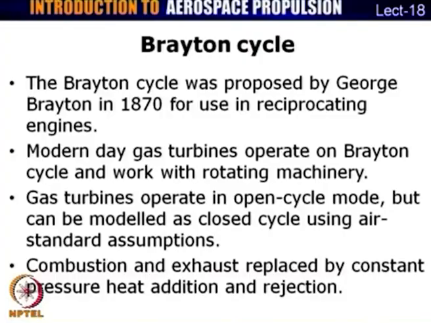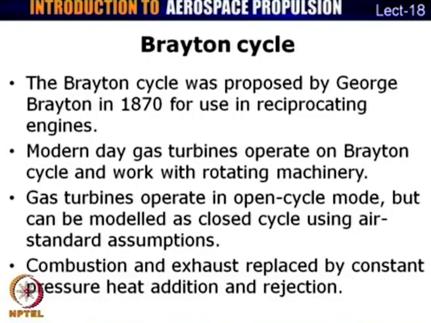in reciprocating engines. It was proposed by George Brayton in 1870, basically for use in reciprocating engines, but modern day gas turbine engines operate on the Brayton cycle and work with primarily rotating machinery.